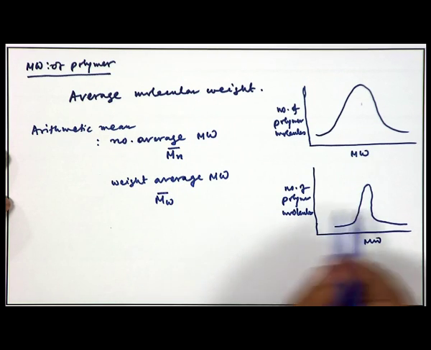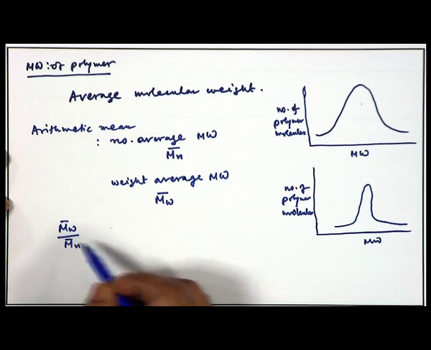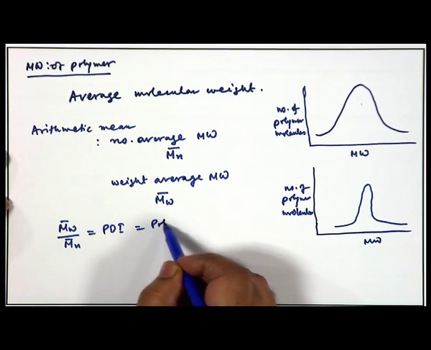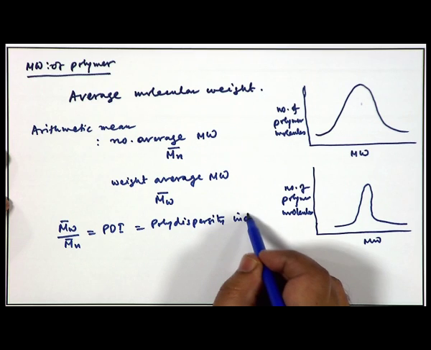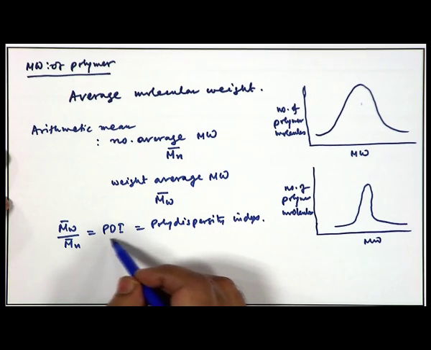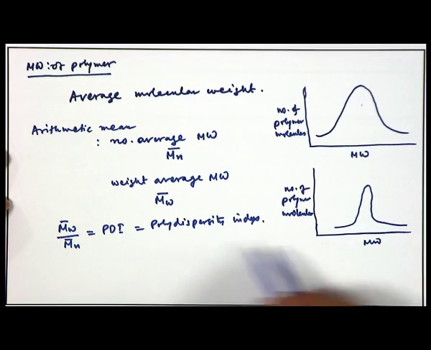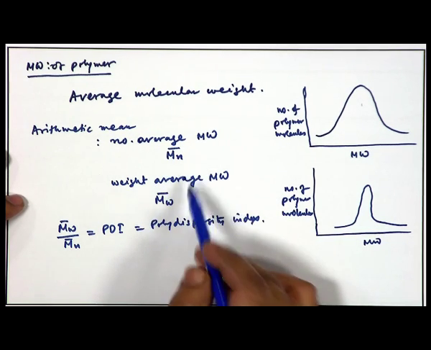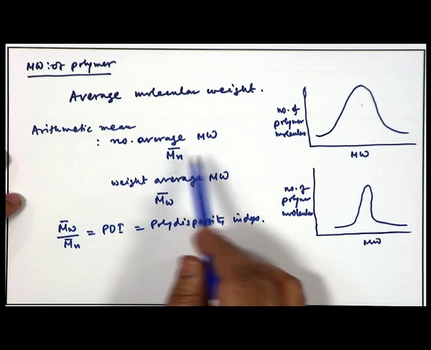To find out the broadness, it can be quantified with a ratio which is called PDI, polydispersity index, which quantifies that if this is high, then the broadness in the distribution is high, if this is low, then the broadness is low. I am not giving you any expressions for this, you just know that Mn is just the arithmetic mean of the molecular weights present.